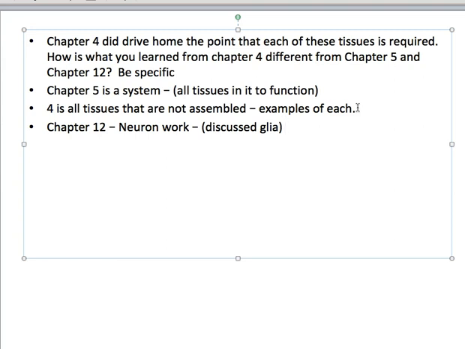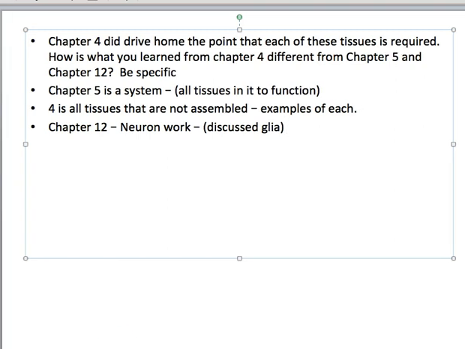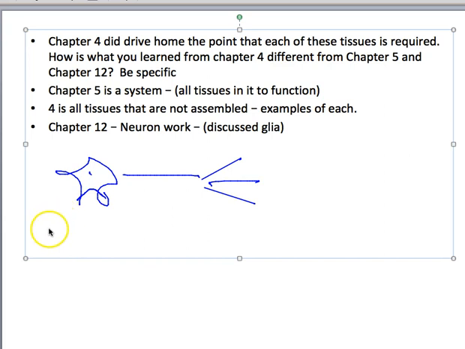You need to know what the different glial cells are, what their responsibilities are, of course. But think about what most of chapter 12 was about. Most of chapter 12 was literally about, can you draw and understand what's happening, in this case, in a multipolar neuron, right?